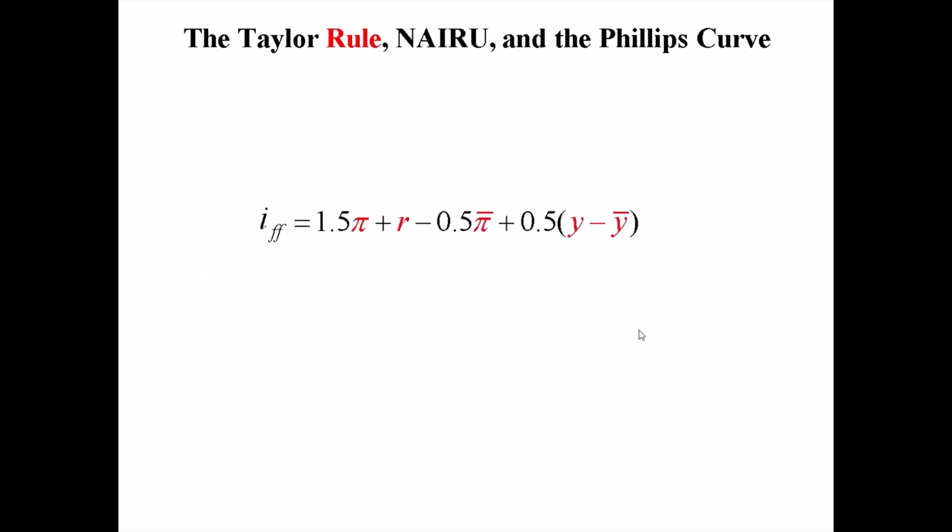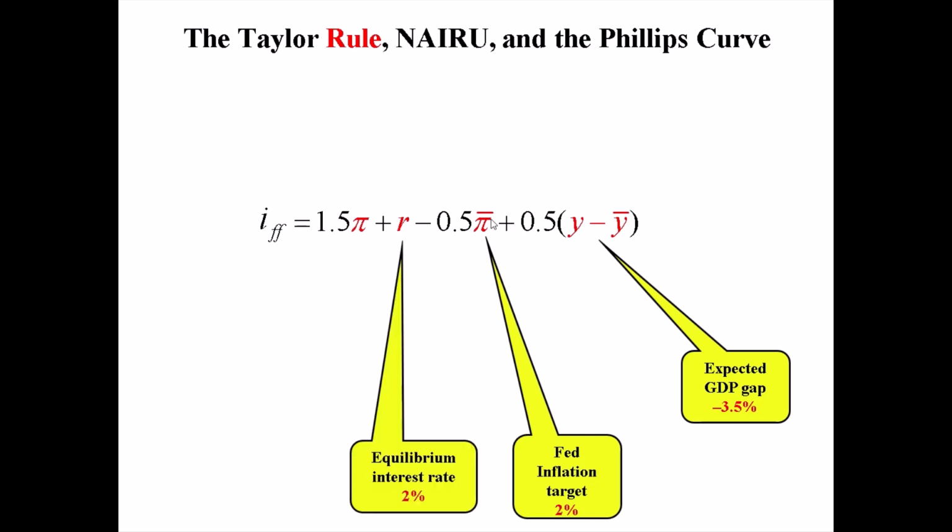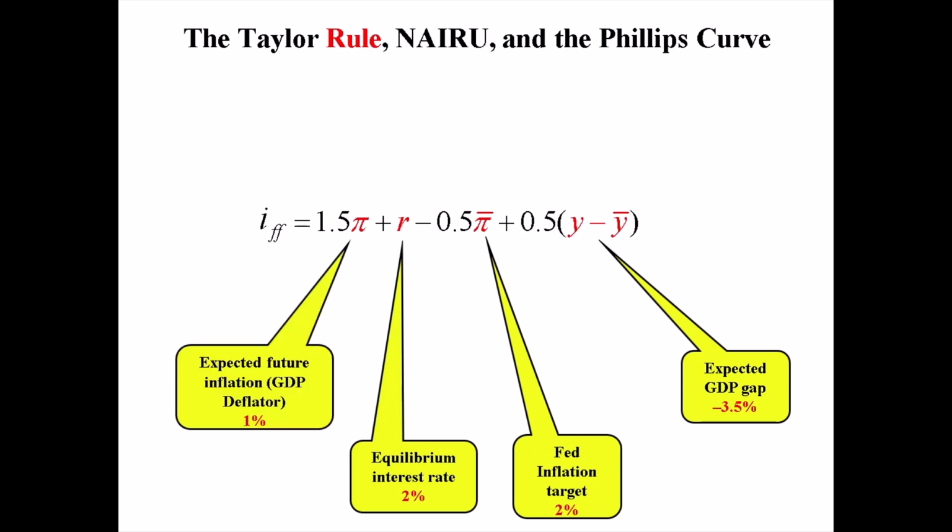So the way the Taylor rule works is, and there's a lot of different Taylor rules, this is the expected gap, and we said it was negative 3.5%. And the Fed's inflation target is 2%, so that's kind of fixed, right? And then the equilibrium interest rate, we did a little research on it. We figured that was probably about 2%.